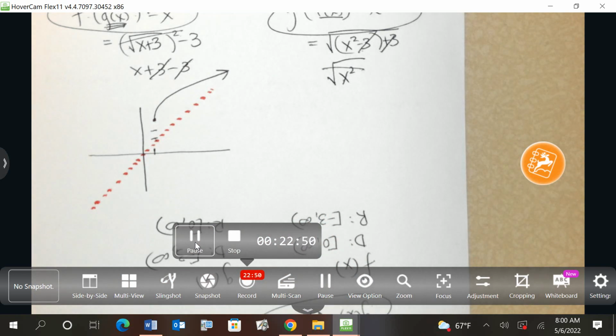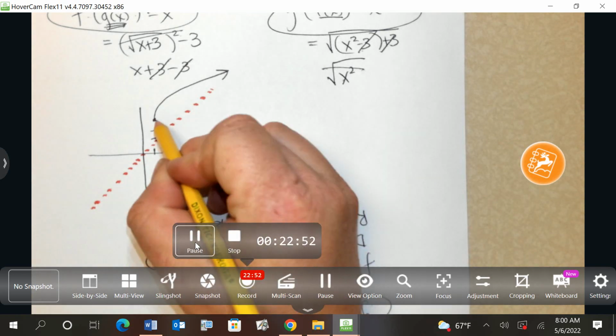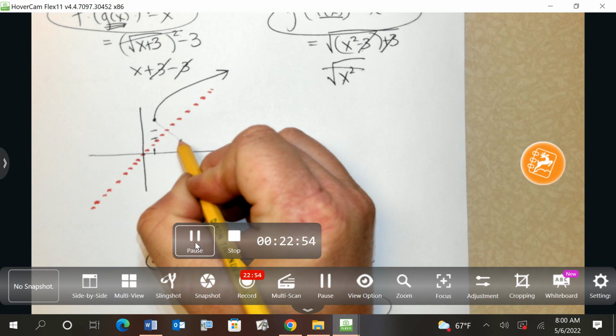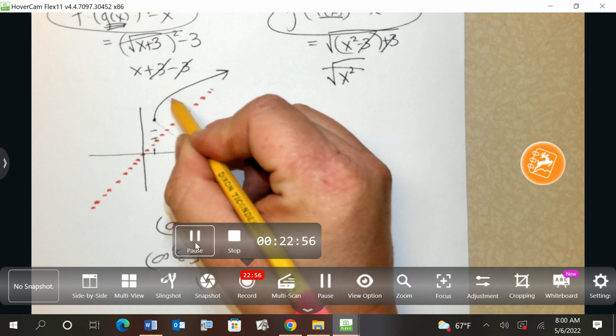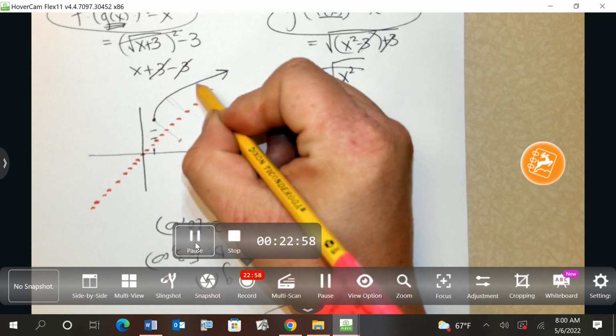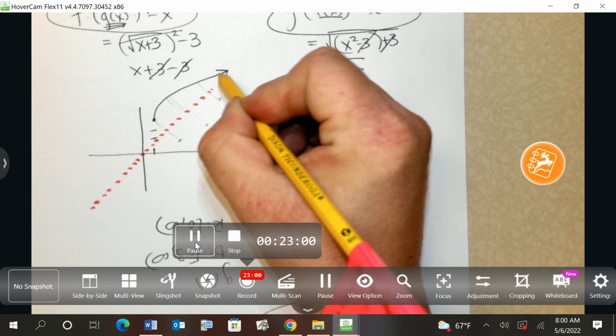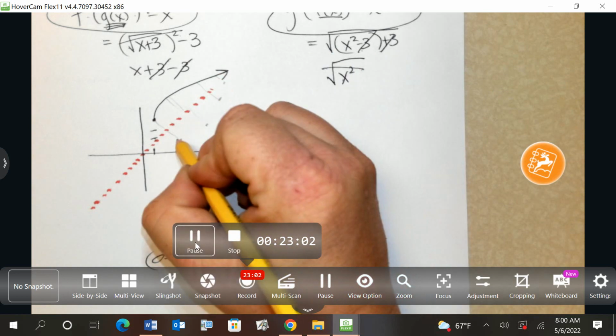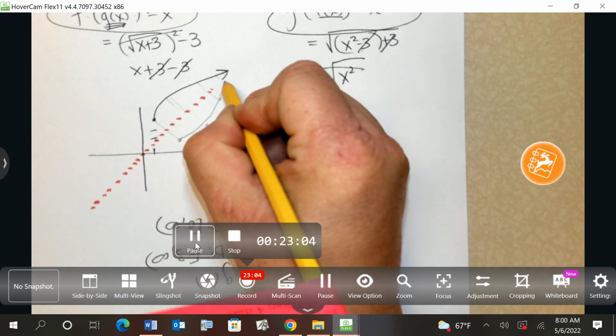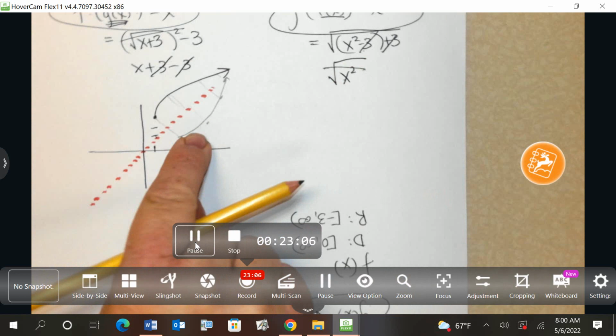And then, in the best estimate, this distance, this distance, this distance. And now I can see this is a sketch of the inverse.